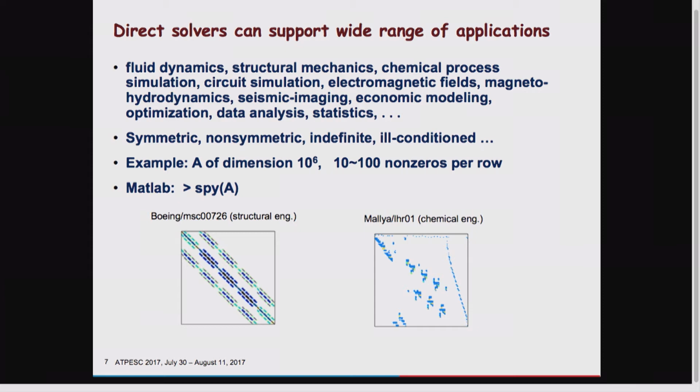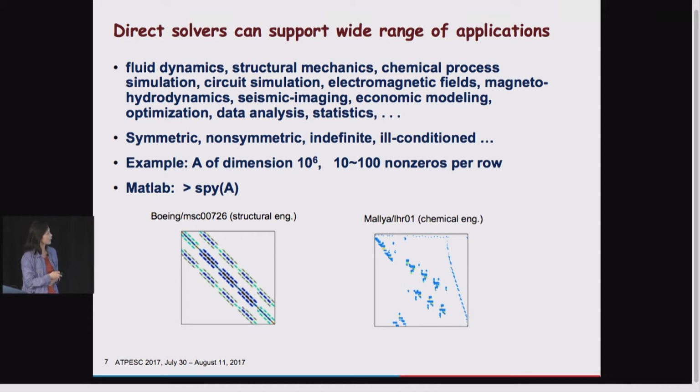And a typical example of the matrices we are dealing with: the matrix A could have dimension in the millions, but every row, on average, probably has only 100 non-zeros. And when you increase the problem size, the number of non-zeros per row usually doesn't increase. So that's the typical PDE discretization matrix property.